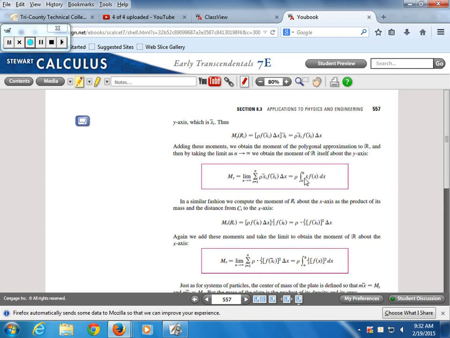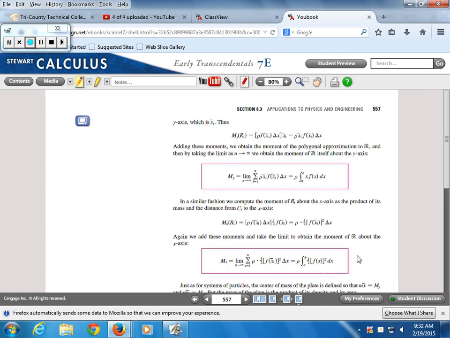So write that down. And then the moment around the x-axis is rho times 1/2 f of x quantity squared.